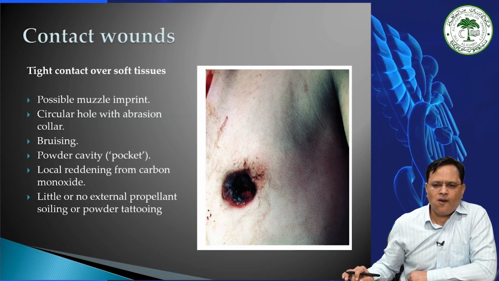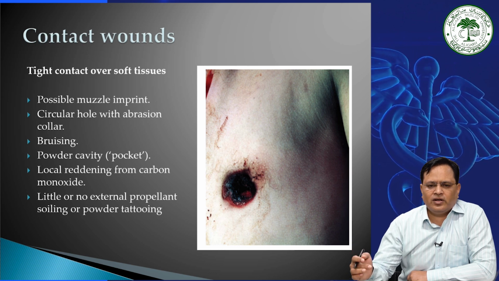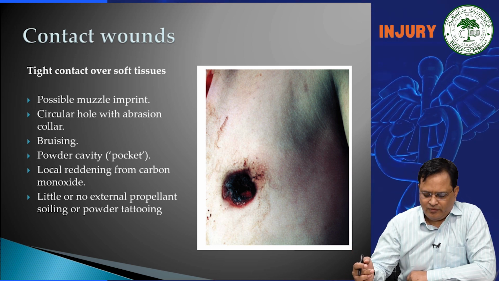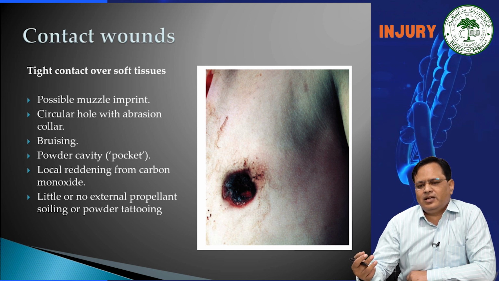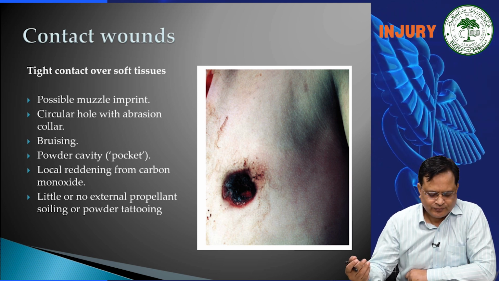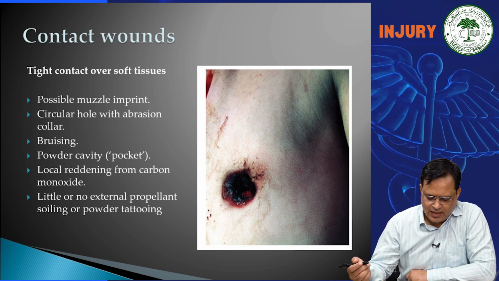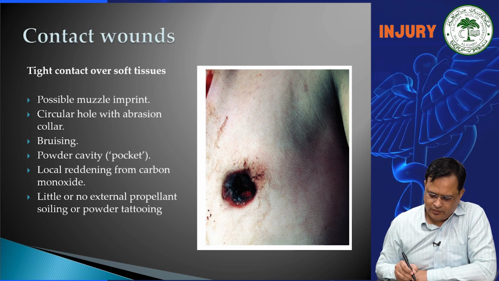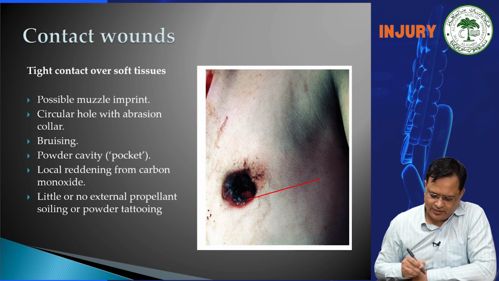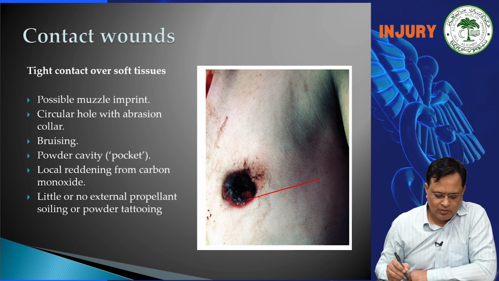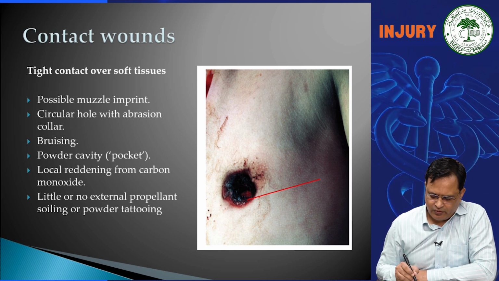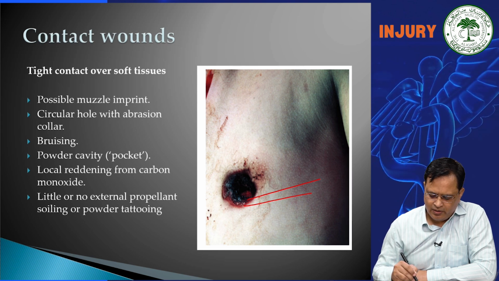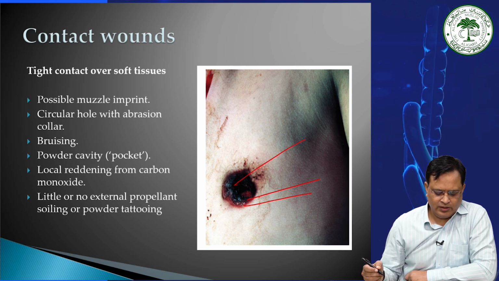The bullet can go on penetrating the skull and the other part of the body. Contact wound over soft tissue like the abdomen or other places where there is no underlying bone: possible muzzle imprint, circular hole with an abrasion collar. Bruising can be found. Powder cavity, you can see the powder cavity.